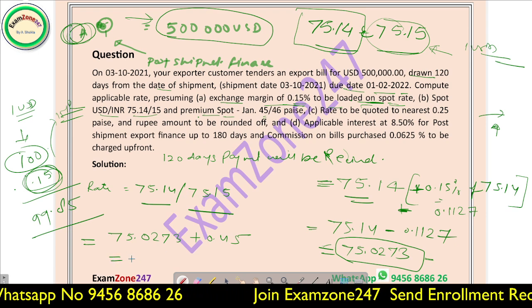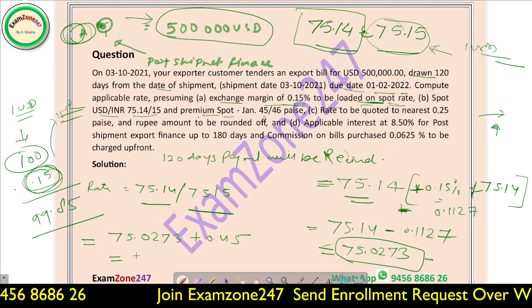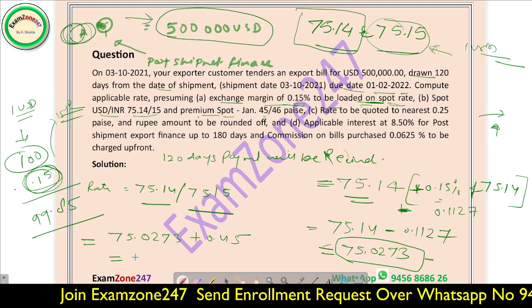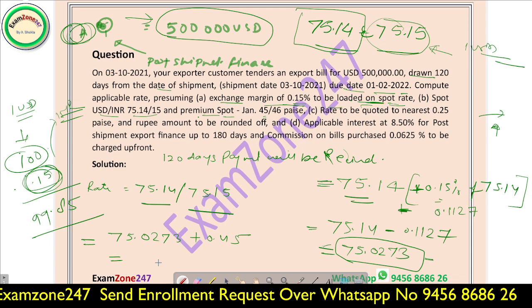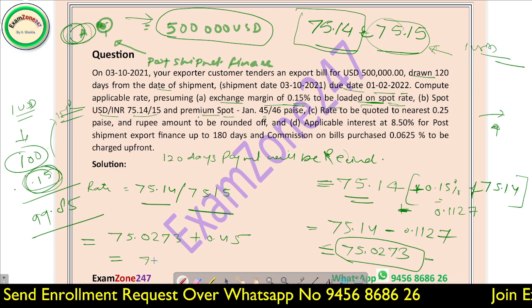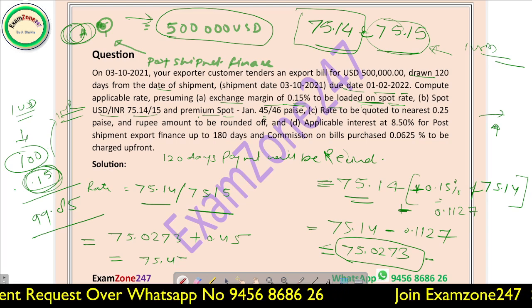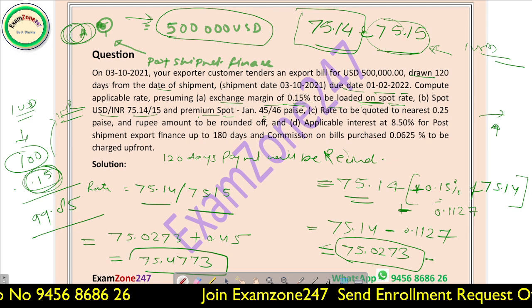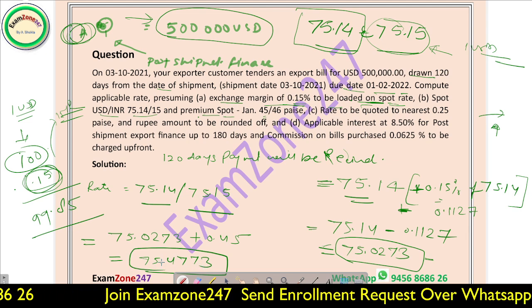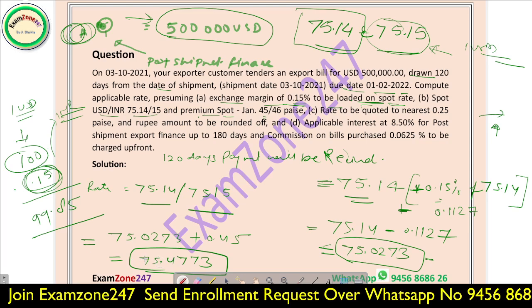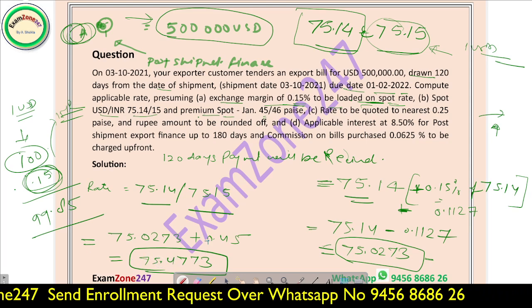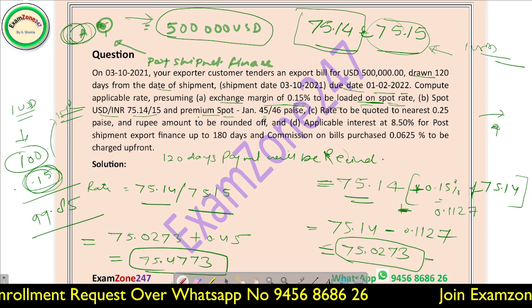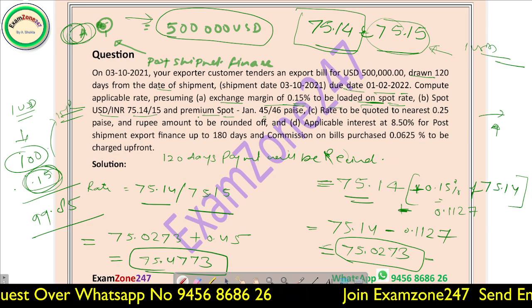It will come out 75.4773. In the book you will find that it is written as 4770, just to round off. There is nothing to do with 773 and 770.